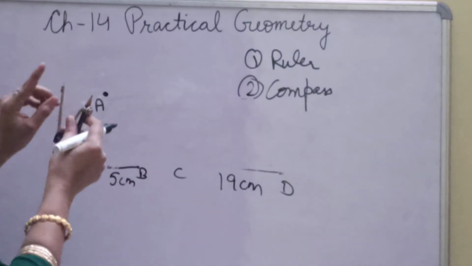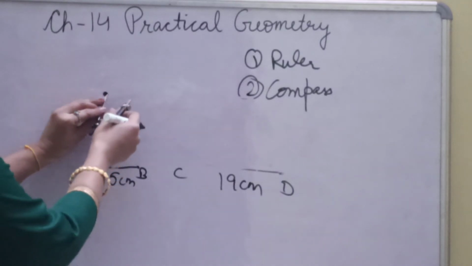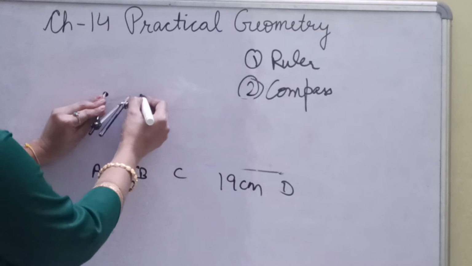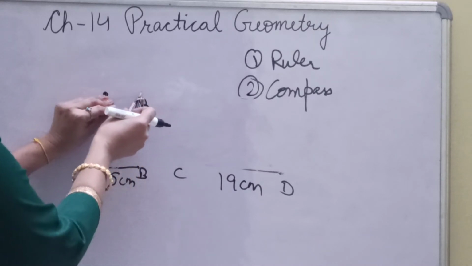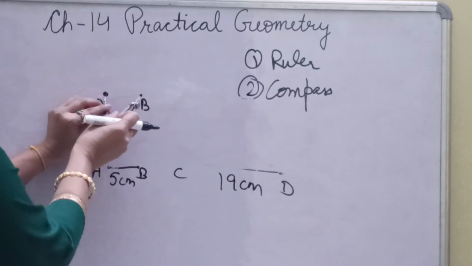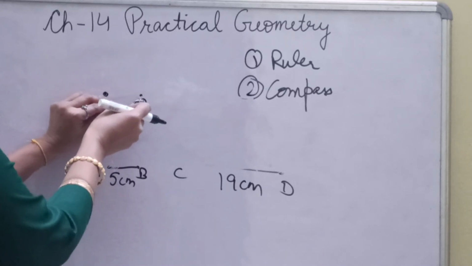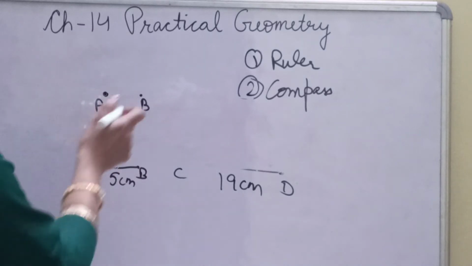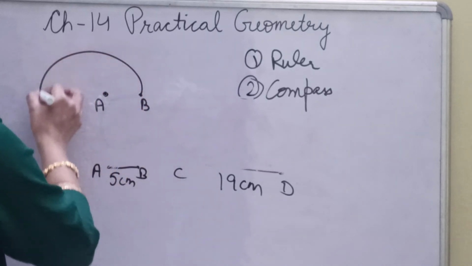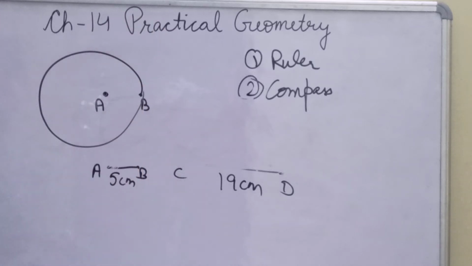Name it A. We will keep this tip on this point A. And suppose we have to open up to point B, this much length we need. So we will open it and fix this on this point and the second one on this, and then take a complete round of it, and when we take a round of it we will get a shape like this. With this we will get the exact shape.